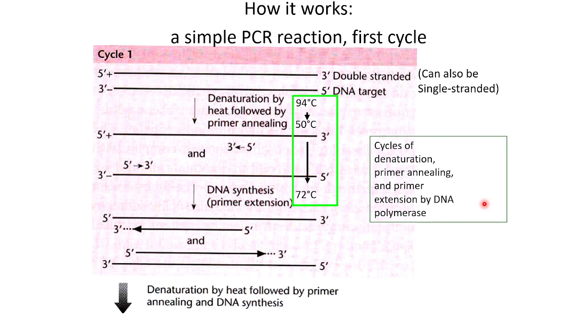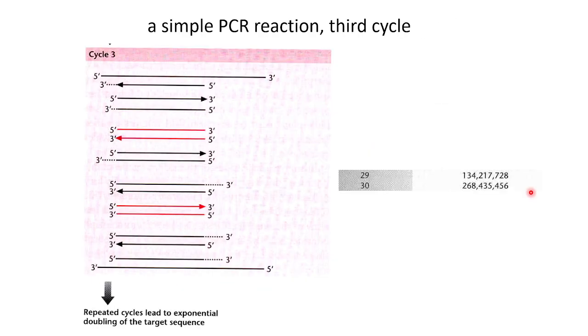If you are repeating this PCR cycle for 30 reactions, in the first step you have 2 to the power of 0. After cycle 1 you have 2 to the power 1. So after cycle 30 you would be getting 2 to the power 30 molecules.